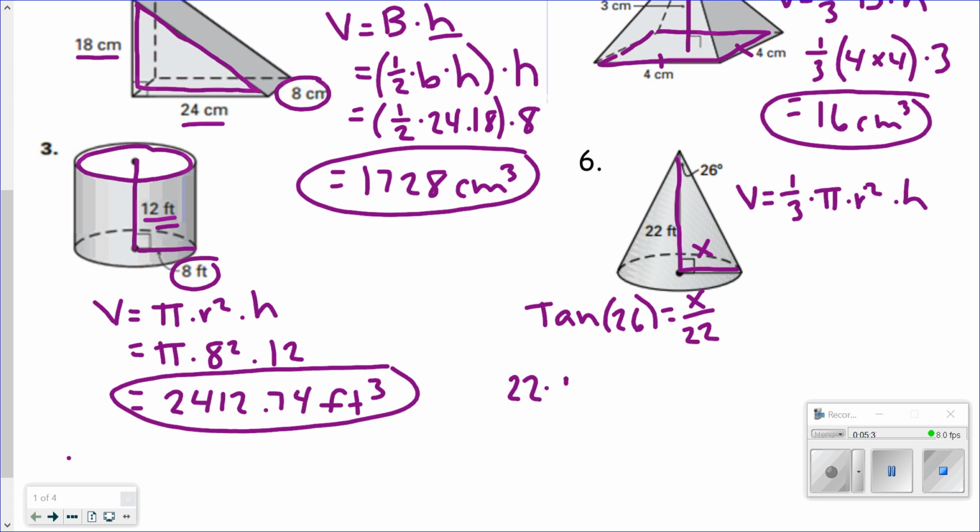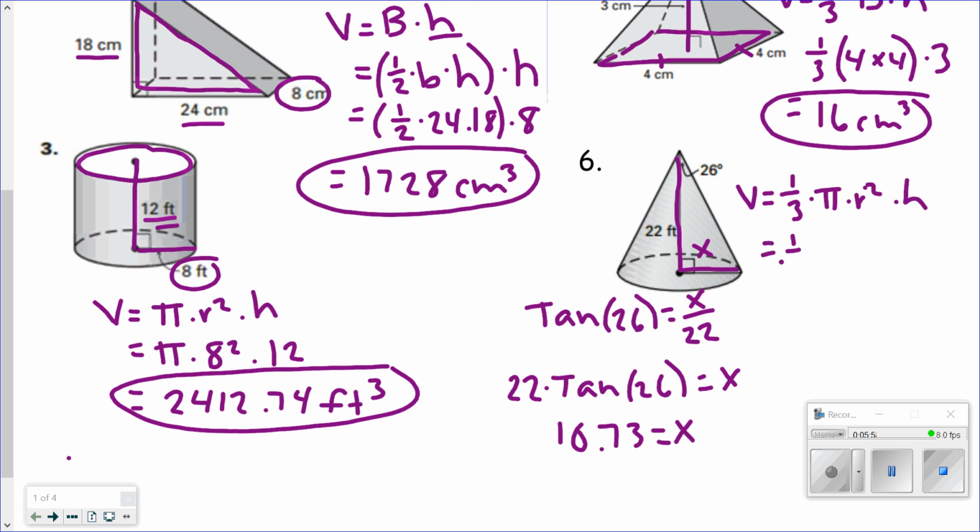So 22 times tangent of 26 is equal to x. Plug that right into your calculator, and we get approximately 10.73 is our radius. So now I have to plug this radius back into my volume formula.